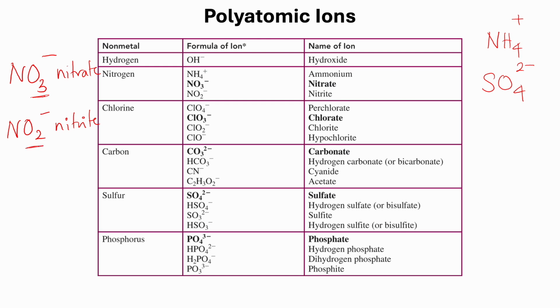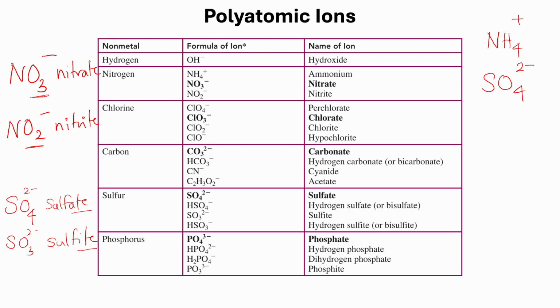If I take another example to explain this, sulfur containing polyatomic ions, SO4 2 negative, the name is sulfate. SO3 2 negative is sulfite. Again, 4 oxygens is ending with ate, 3 oxygens here in sulfite ending with ite.